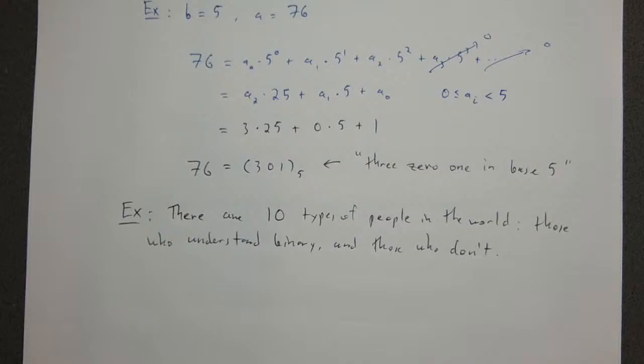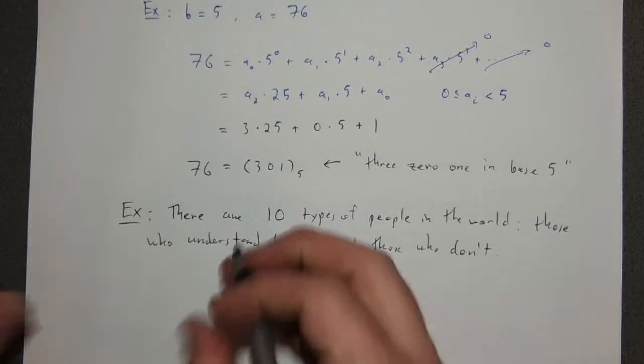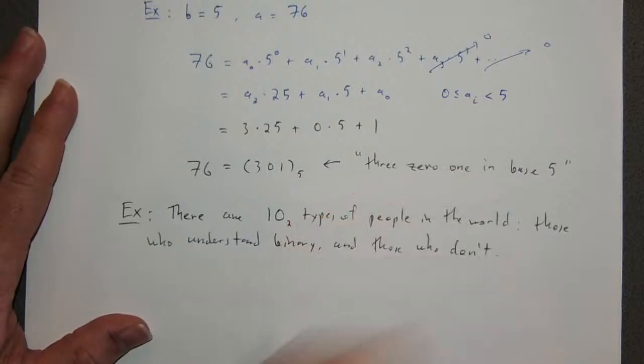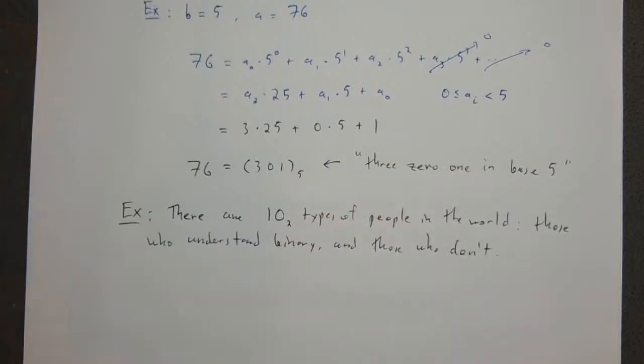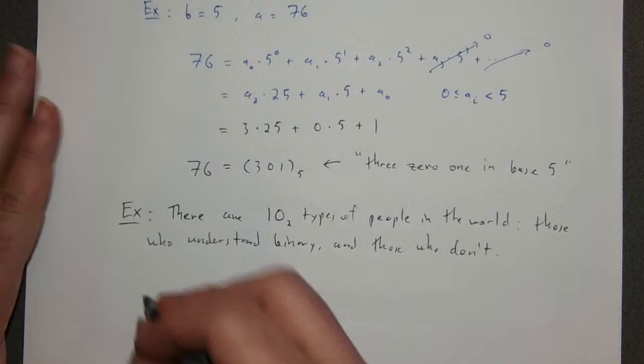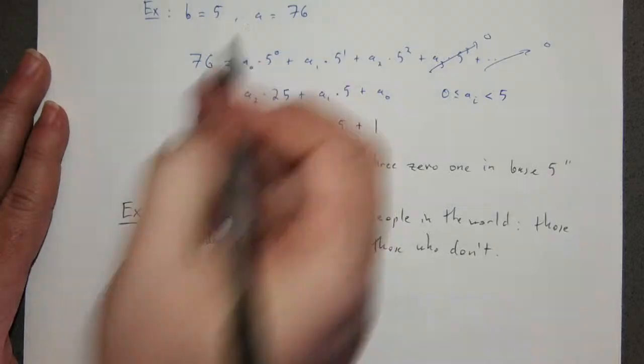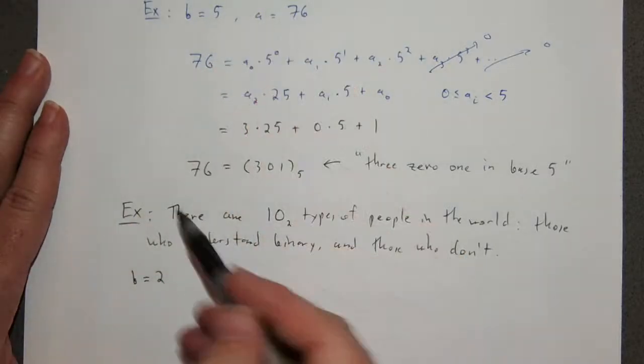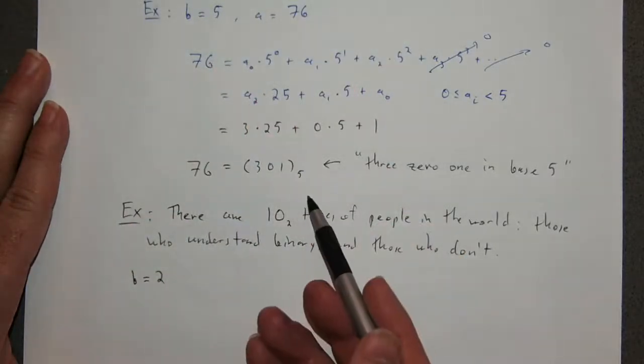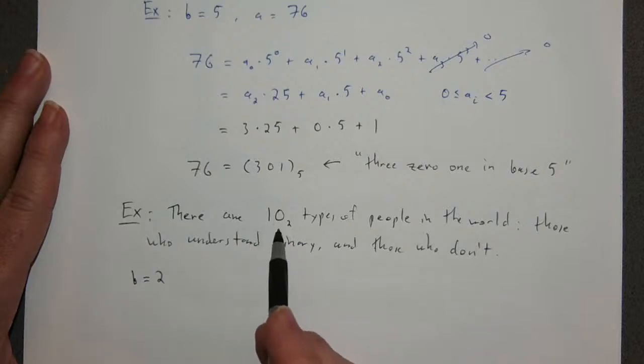Because if I say there are 10 types of people in the world, well, then that's base 10. But there are 1-0 types of people in the world, and really what's being implied here is 1-0 base 2. Now, what is binary? Binary is base 2, so b is equal to 2. In the other cases we started with a number in base 10 and we put it into base b. But in this case we have a number in base b that we want to put into base 10.